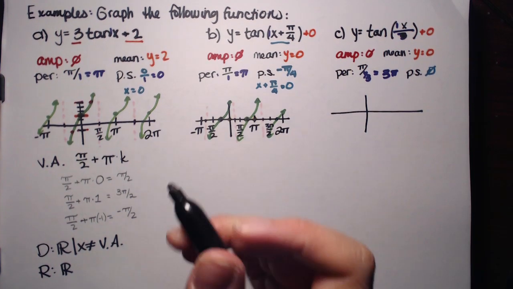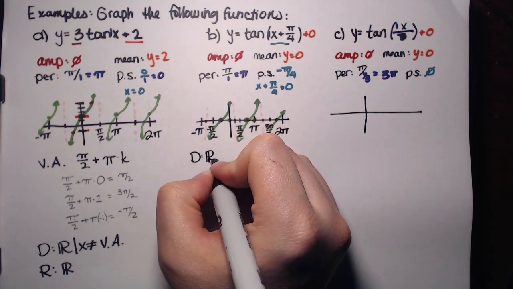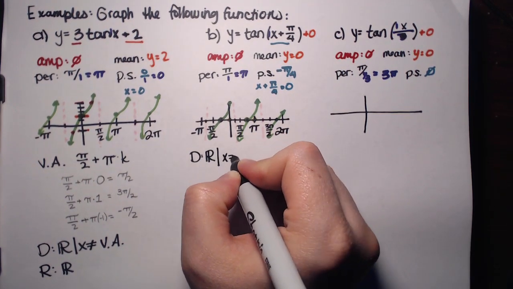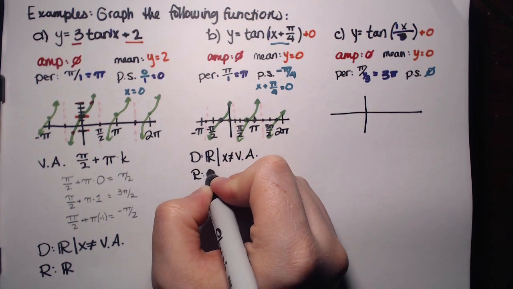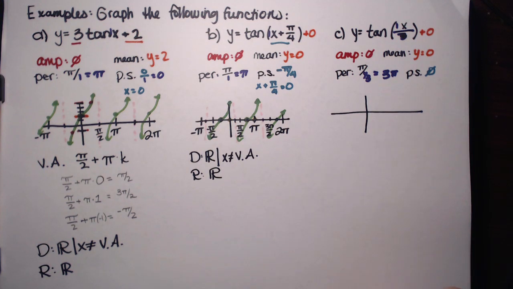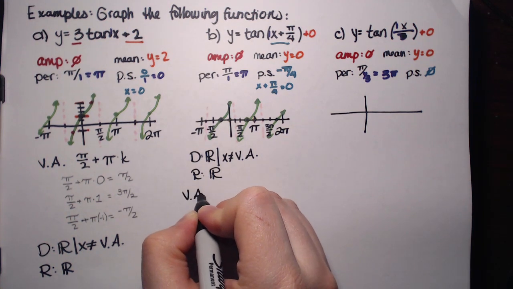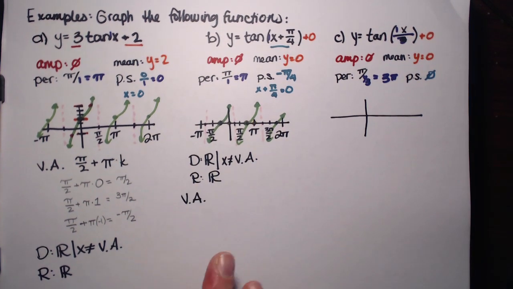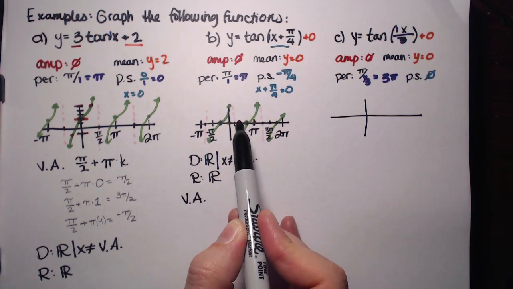Okay, and the domain is all real numbers except where we have vertical asymptotes. The range is all real numbers. Now, if I want to figure out what the vertical asymptotes are, this isn't going to work the same way as before, because if I take half the period, that's pi halves, that's not where I have an asymptote.